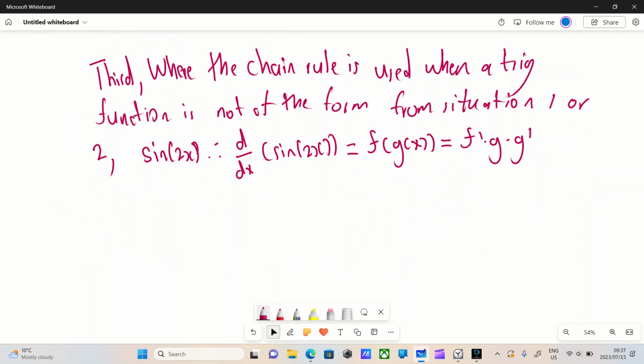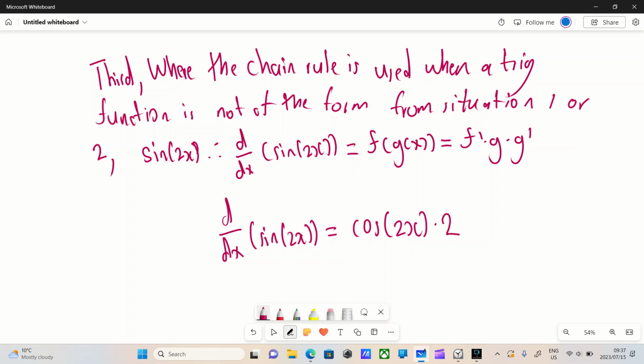So the derivative of sine 2x will be equal to, what's the derivative of sine? It's cosine. Well, what about 2x? That stays the same. Multiply by the derivative of 2x. Derivative of 2x is just 2, which would result in 2 cosine 2x. And that's it. Let's go ahead and do an example.